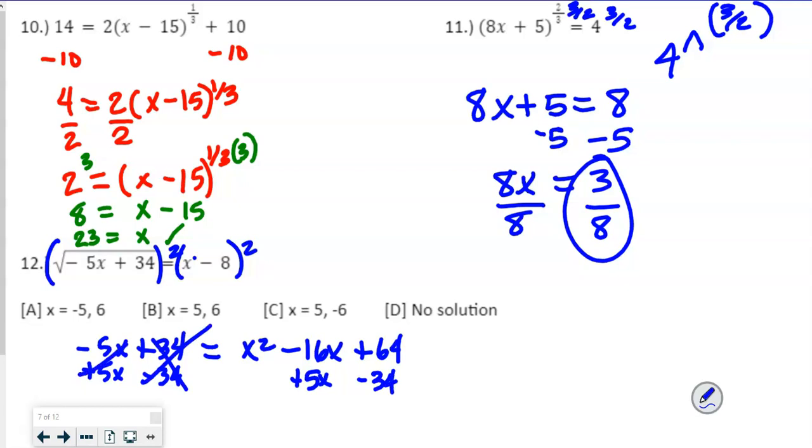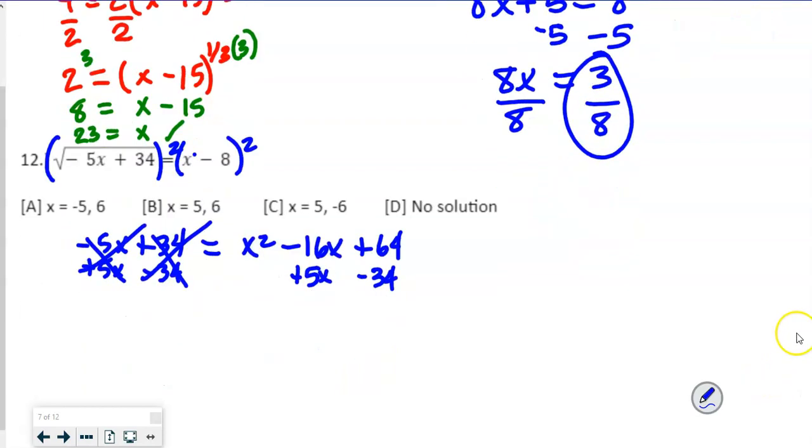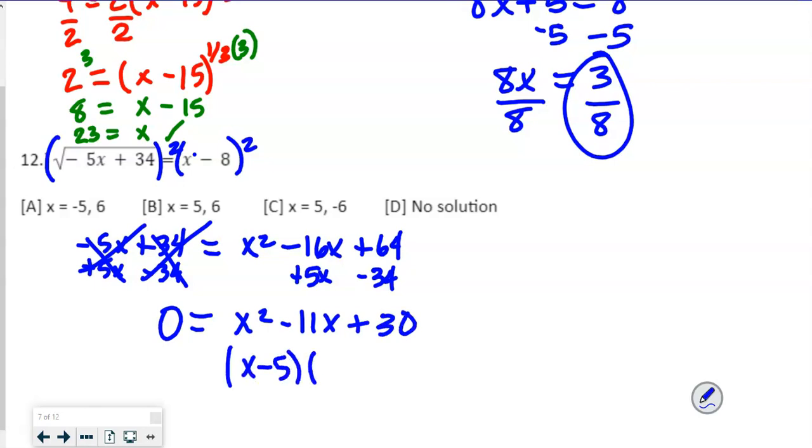So now that's gone and that's gone. So we got 0 equals x squared minus 11x plus 30. So that's going to be x minus 5 and x minus 6, right? Set those equal to 0. So that's going to be x equals 5 and x equals 6.